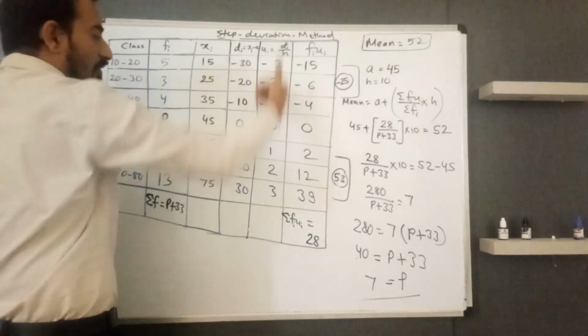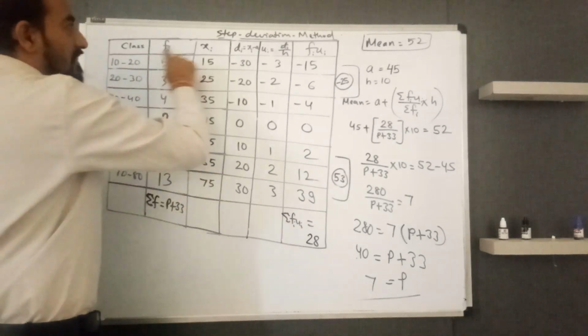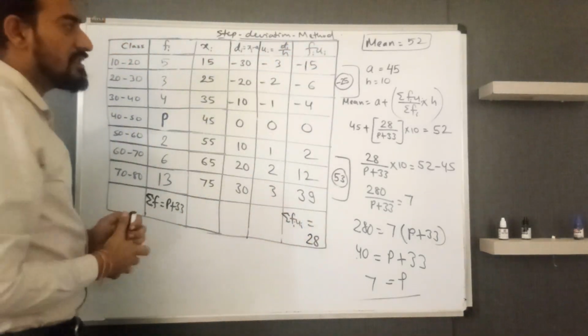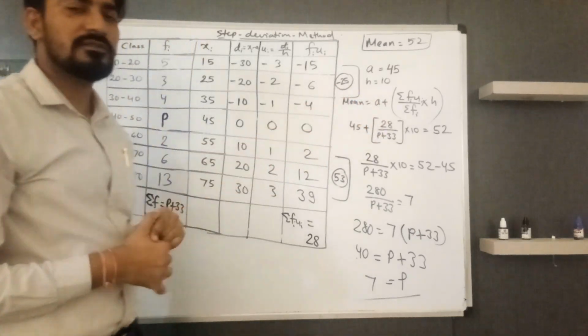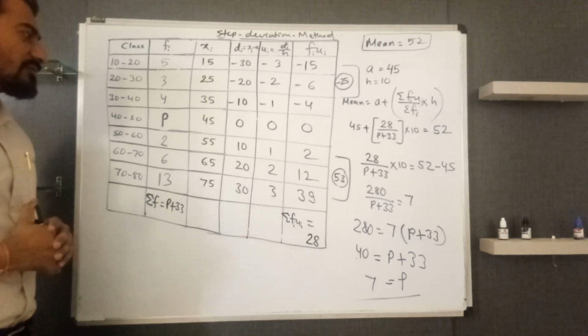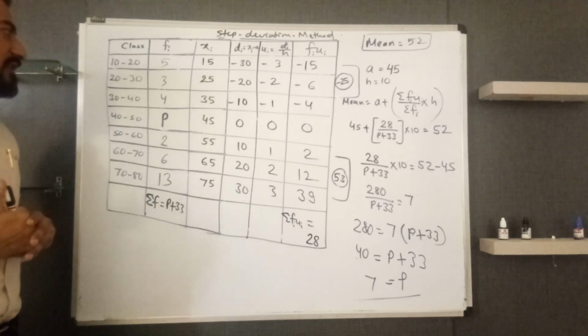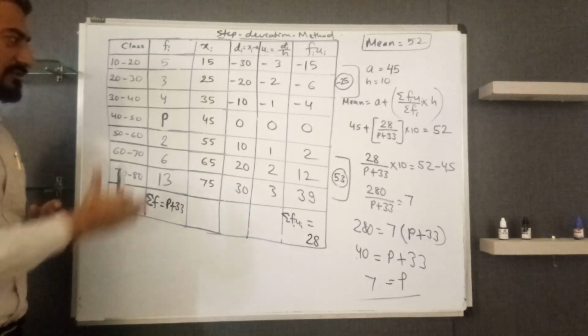But here you have to take negatives. The next step, fu. Then solve the equation by placing the values in the formula. So write this example and try to solve the questions in your textbook from the examples and exercise. Write it.